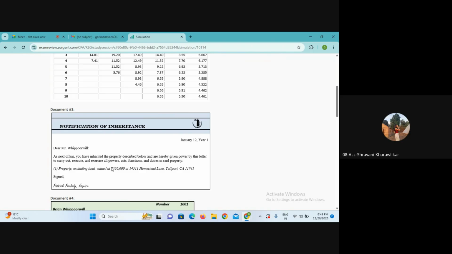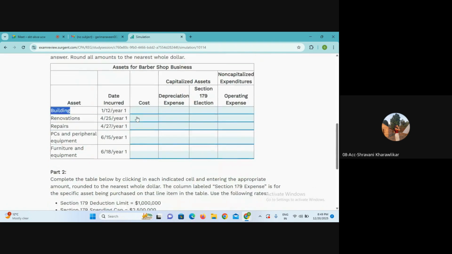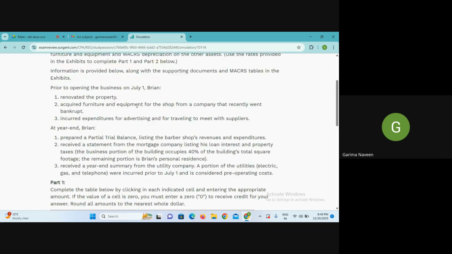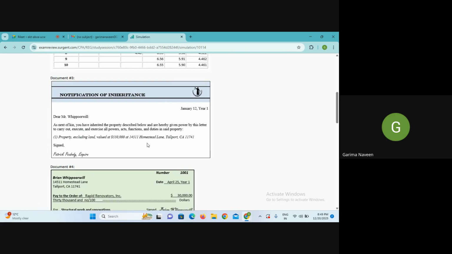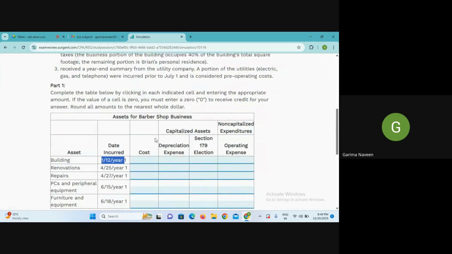So the property is valued at $550,000. The date is basically 12 January, so please check the date also. Okay, so 12 January, $550,000. Let's put this value here.